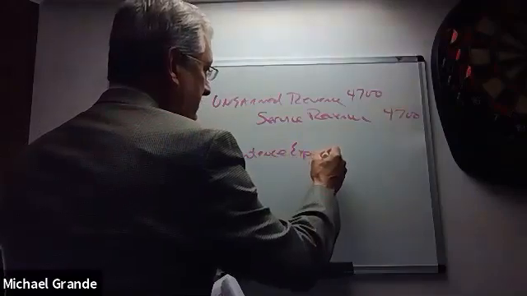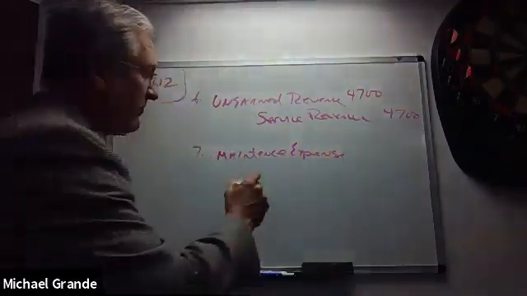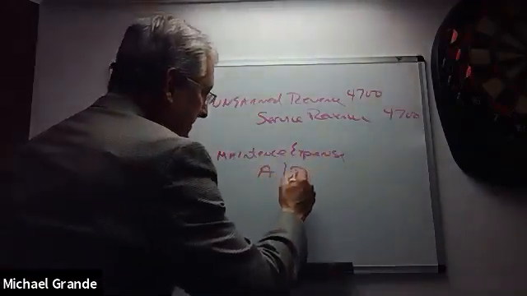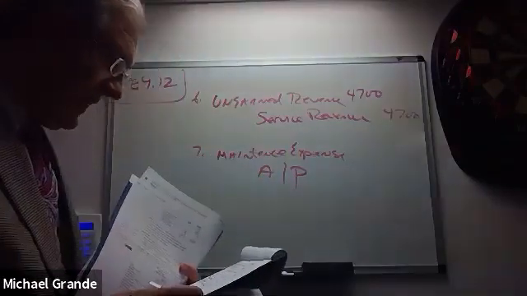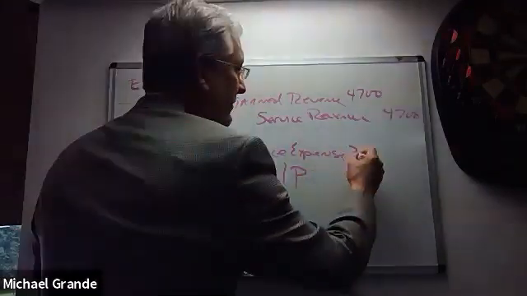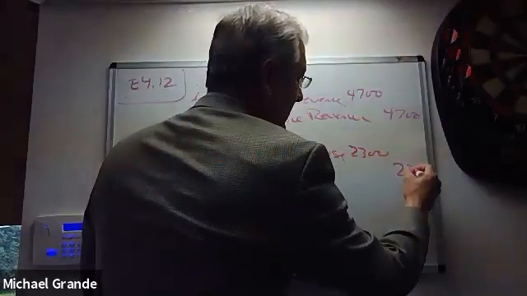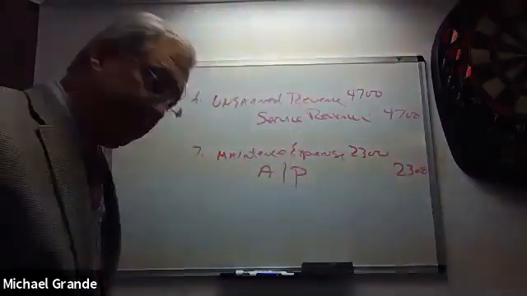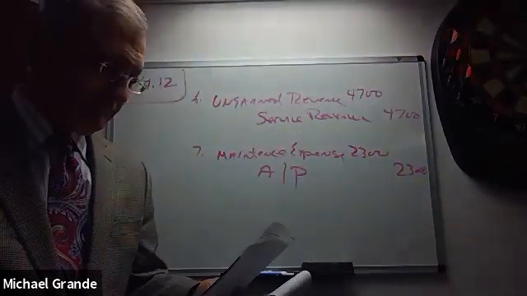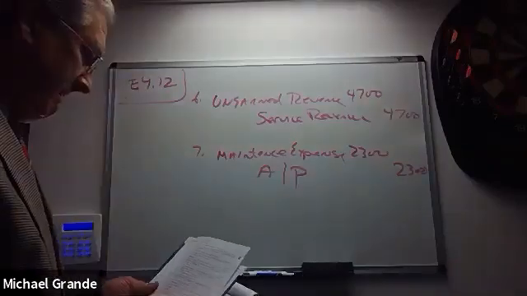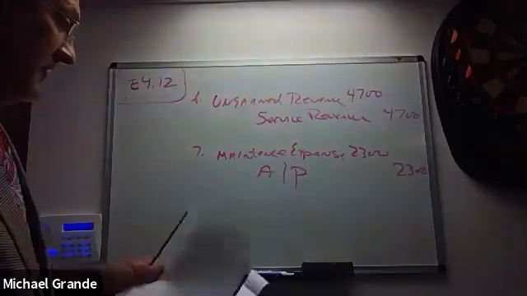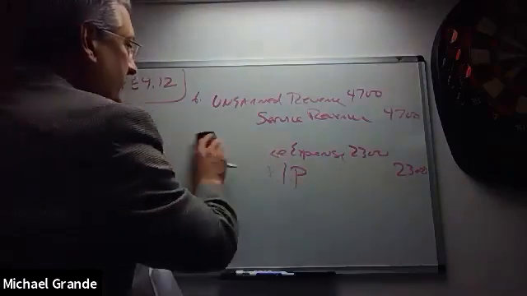And recognize accounts payable, A/P, accounts payable. And this is a debit for $2,300 and a credit for $2,300. That was exercise 4-12.